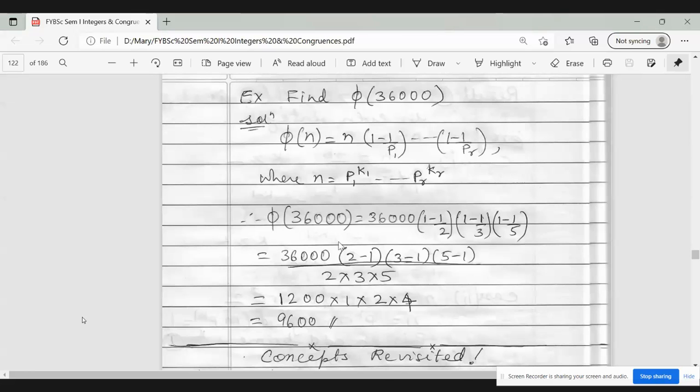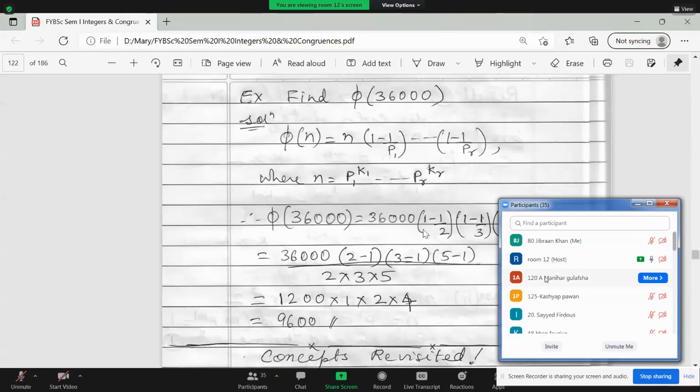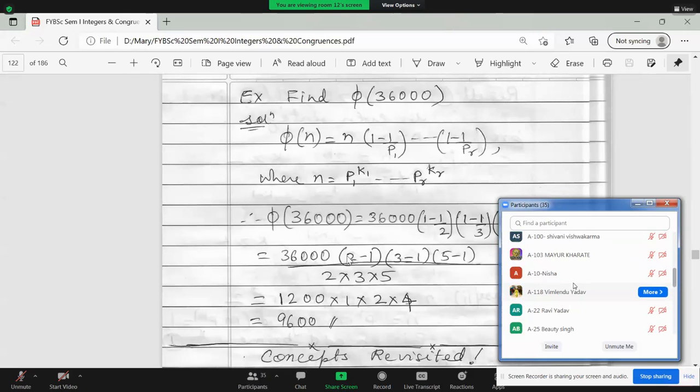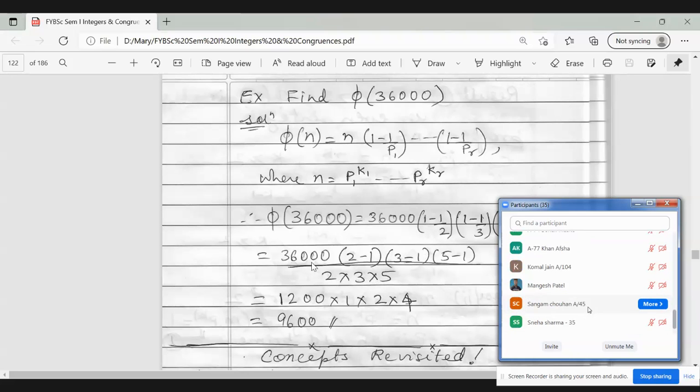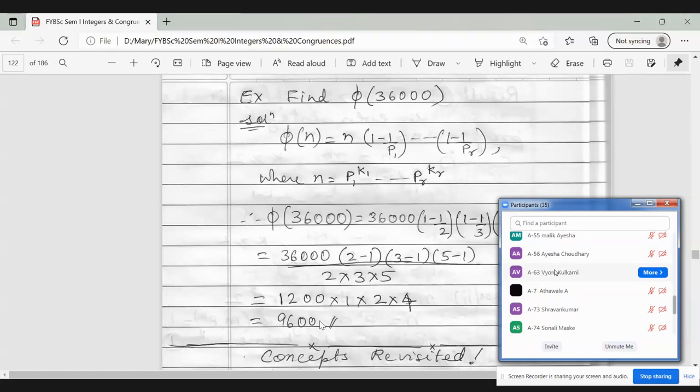Any other prime? No. So this will be 36,000 into, you take LCM then. The 2 and 3 and 5 will get cancelled here, and here you get 2 minus 1, 3 minus 1, 5 minus 1. So you get 9600.